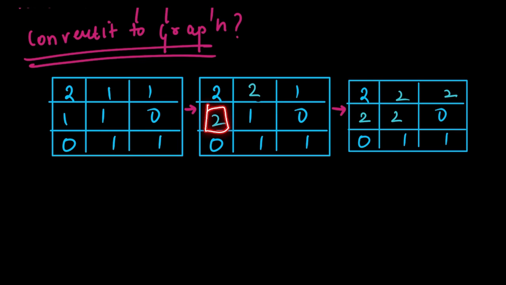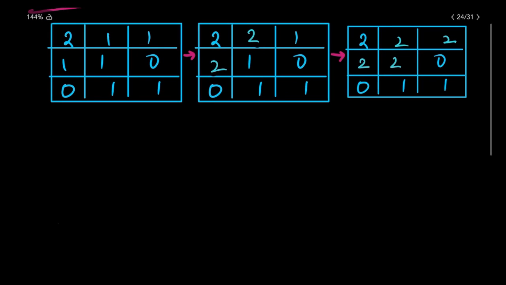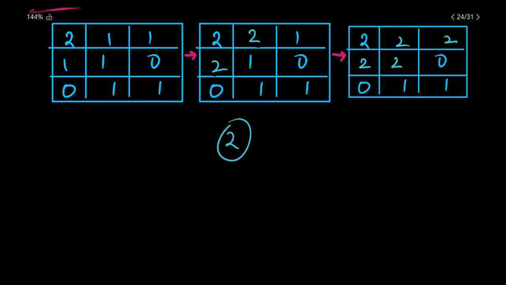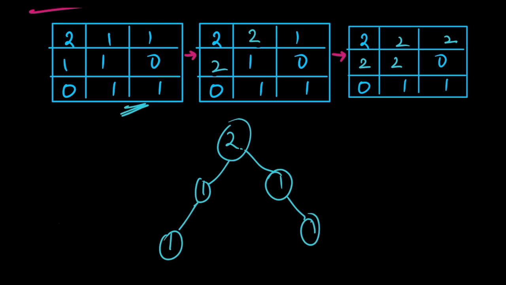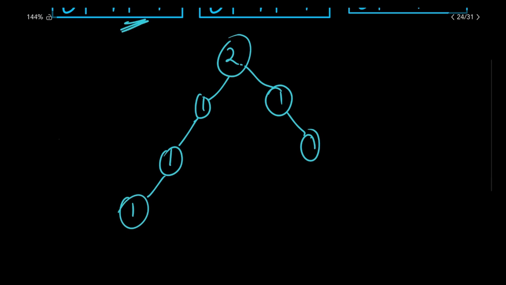Whether its neighbors are rotten, then it will become rotten, otherwise not, right? This is why it is a graph problem. I can create a graph like this here for this one. Then we have a graph like this.